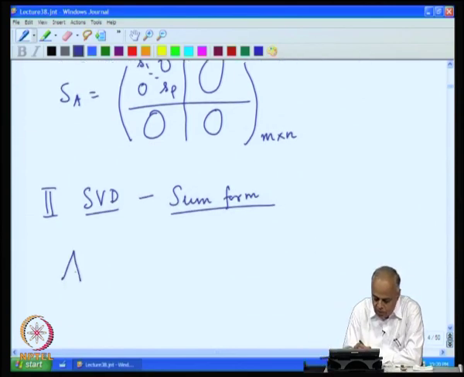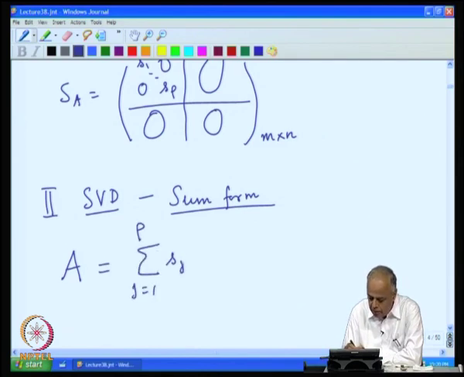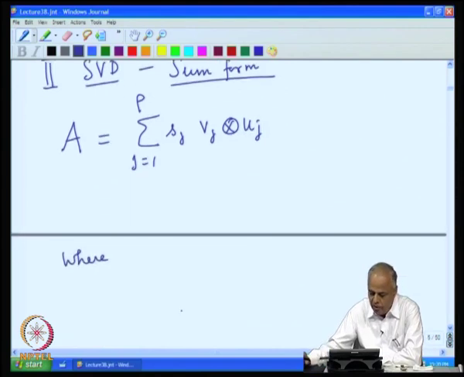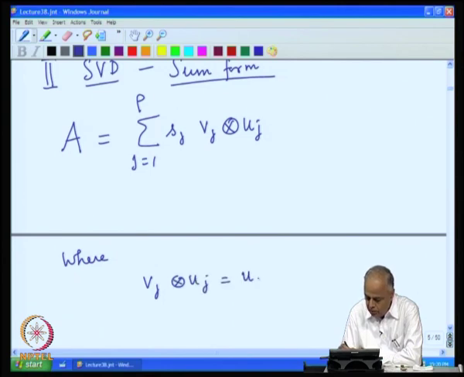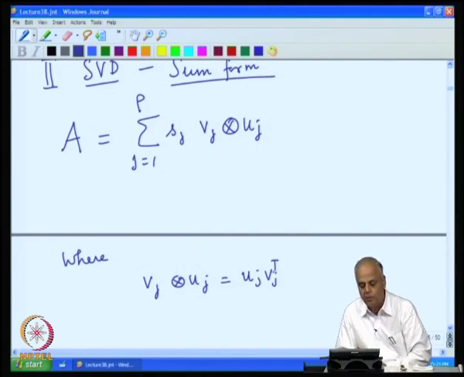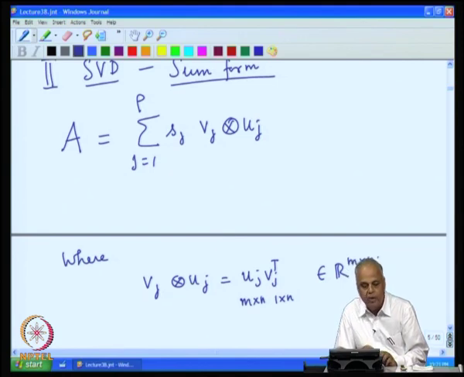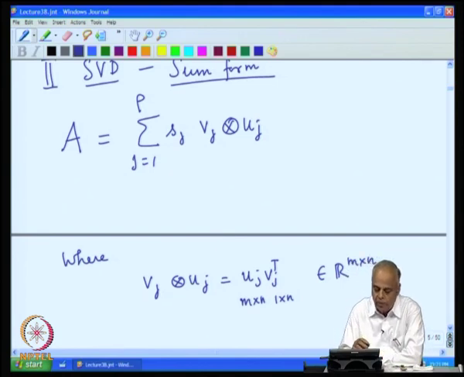The decomposition was A equal to summation j equal to 1 to rho, s_j v_j tensor u_j, where v_j tensor u_j is just the matrix u_j v_j transpose. Since u_j is m by 1, v_j is n by 1, v_j transpose is 1 by n, this is an m by n matrix, and it is of rank 1, and therefore, we have A as the sum of rank 1 matrices.